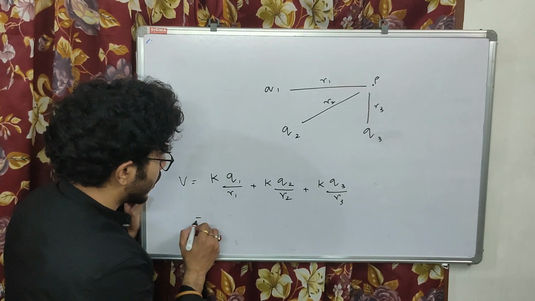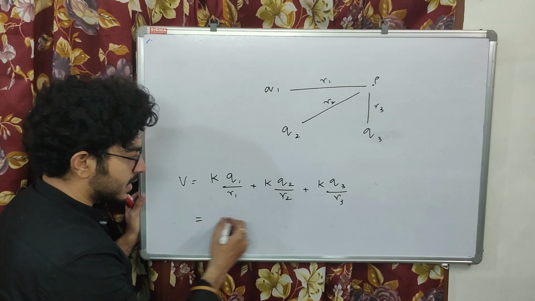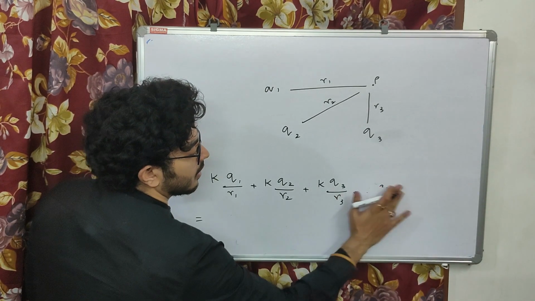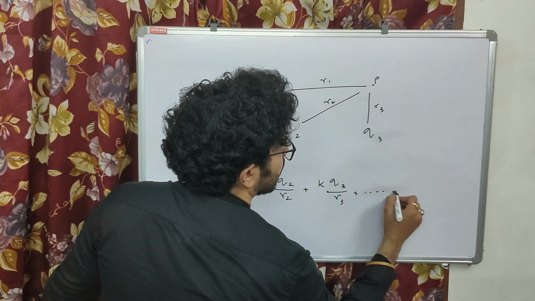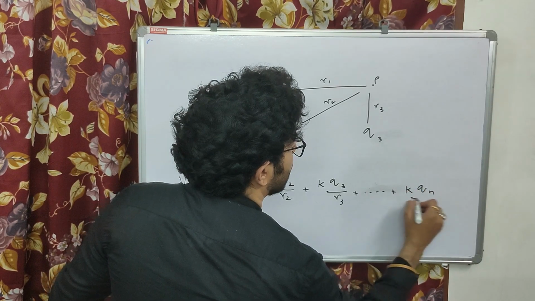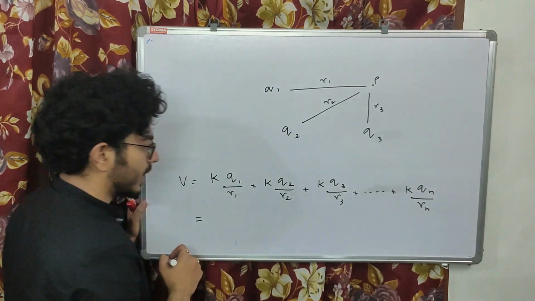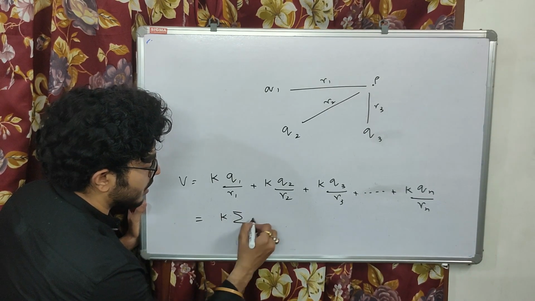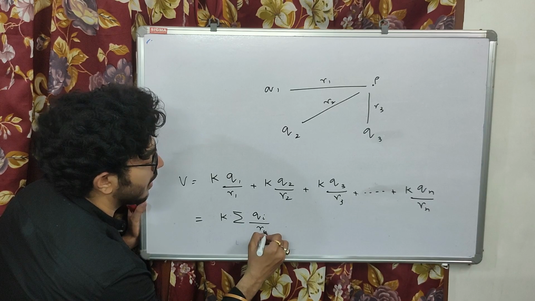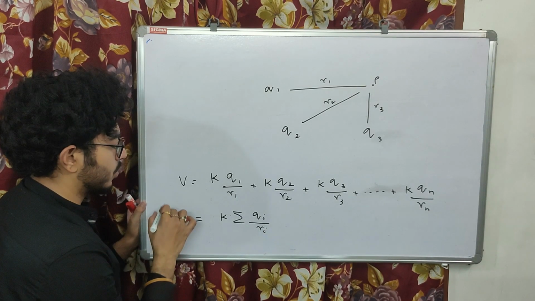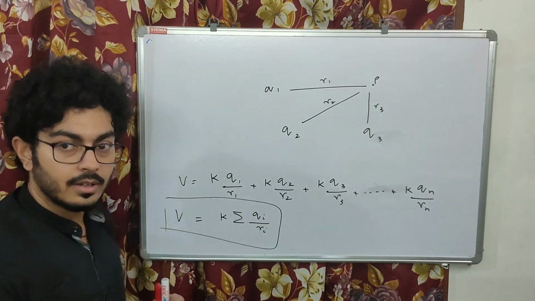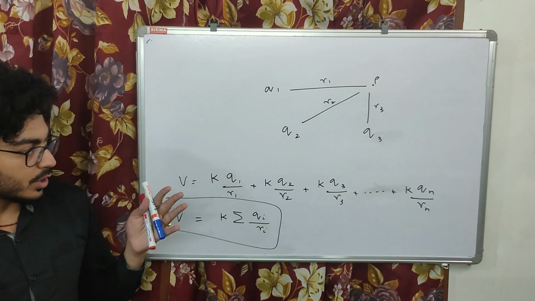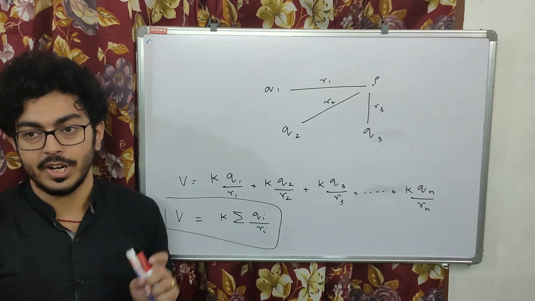For n number of charges, this can be written as K Q1 by R1 plus dot dot dot plus K Qn by Rn, which is K summation Qi by Ri. This is the potential. Is this clear to everyone? How can we write the potential for a system of charges at a point?